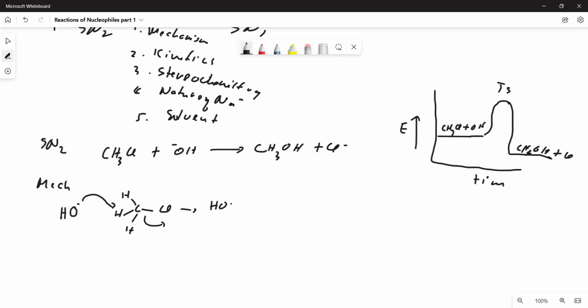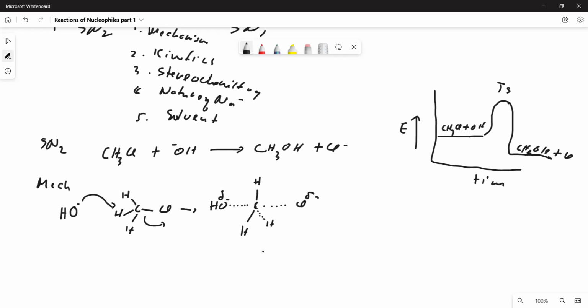What happens to illustrate the increase in energy? The hydroxide starts sharing its electron with the carbon, and the chlorine starts to leave. So this one becomes partially negative because it is sharing its electron with the carbon, and this one also becomes partially negative because it is still partially attached to the carbon. The three hydrogens become trigonal planar.